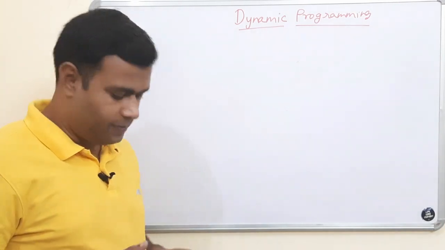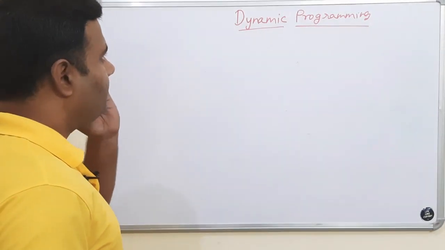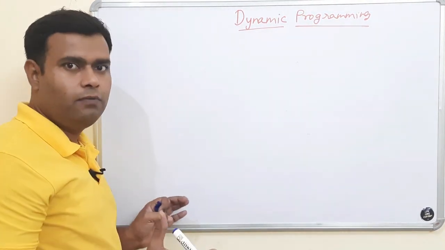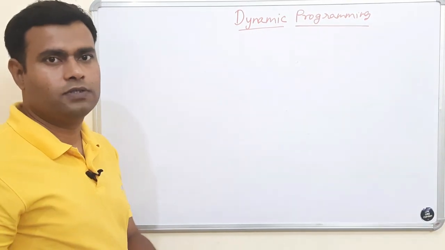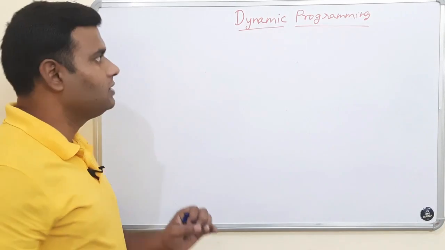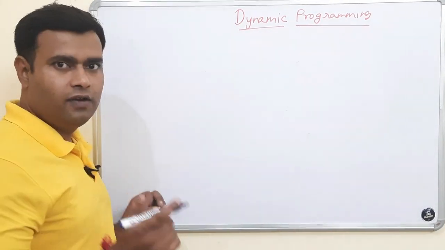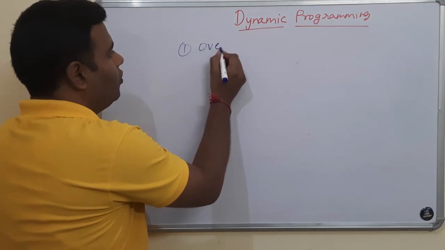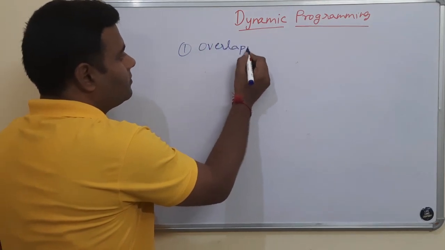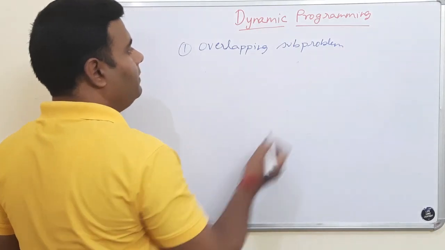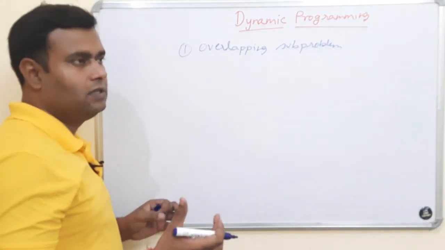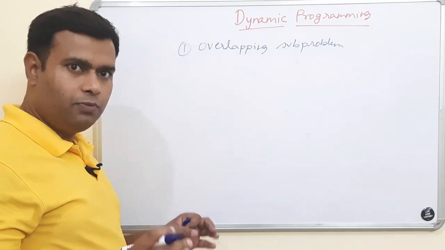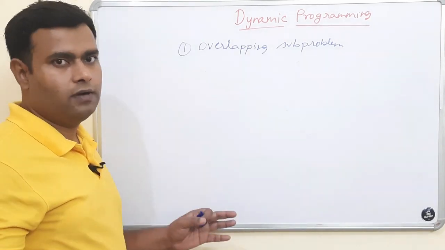So dynamic programming, what happens? First of all, it is a paradigm for solving some types of problems. Now what type of problems? They should satisfy a few conditions. The first condition is overlapping subproblems, meaning that if you divide the problem further, some of the subproblems should be common.